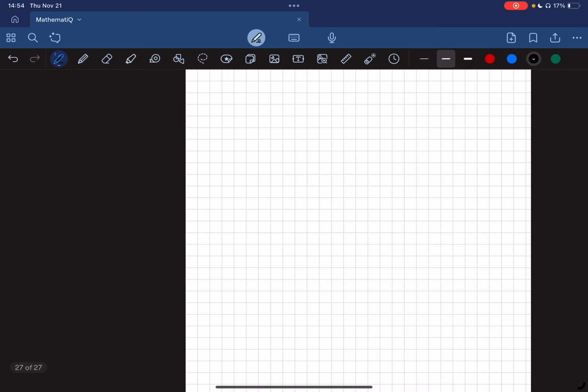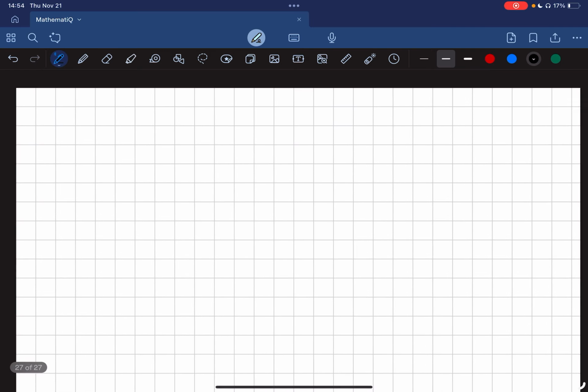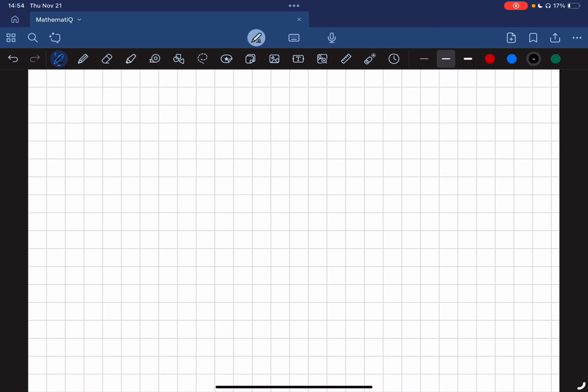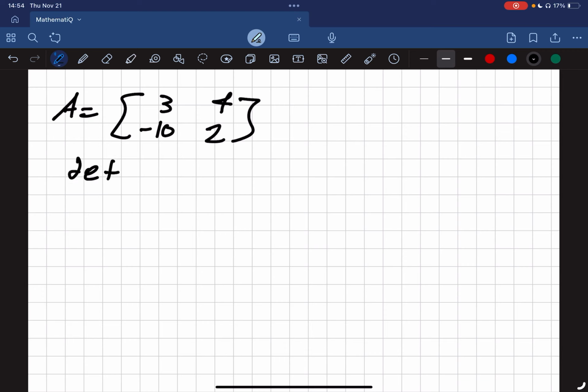Let's go ahead and do one more. Let's say we have A is equal to 3, 4, 10, 2. Okay, and let's make this negative as well. So we're going to go ahead and find the determinant of A, which is 3 times 2.